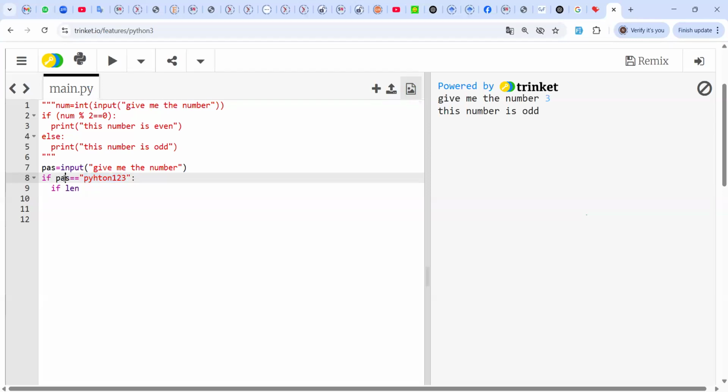That means our password is strong. So if length of pass is greater or equal to 8, that means print password is correct and strong.